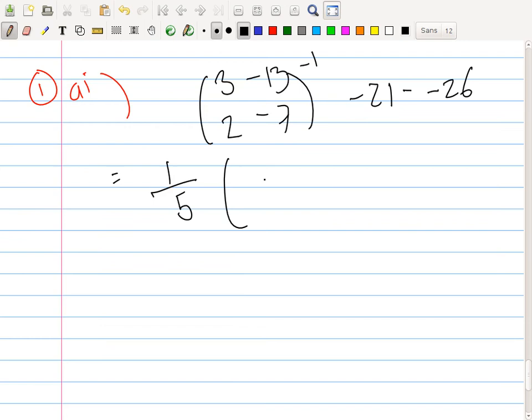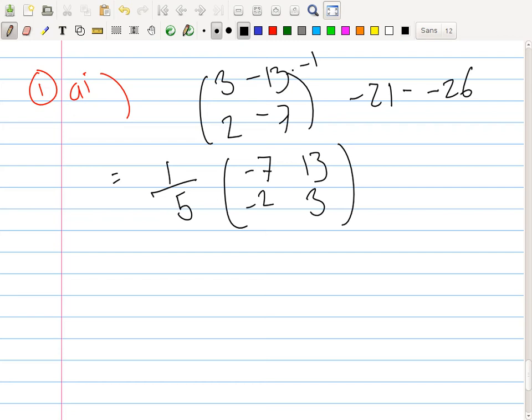And then what do I do? Swap and change the sign. That's the answer. How many marks for this? 4 marks. How long did it take? A few seconds. Nice, easy, straightforward question to begin with.